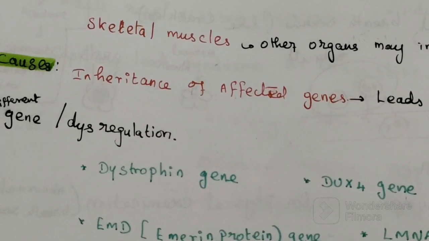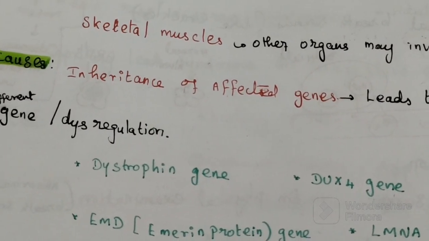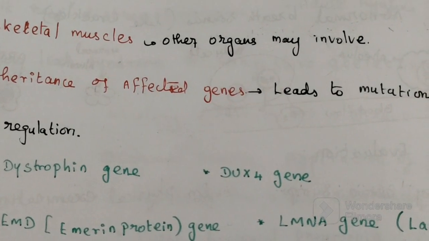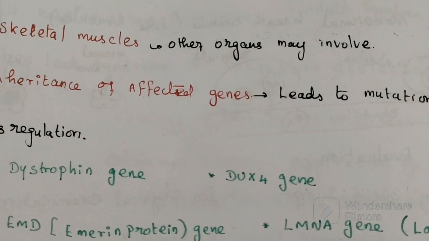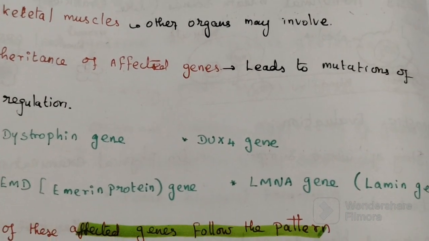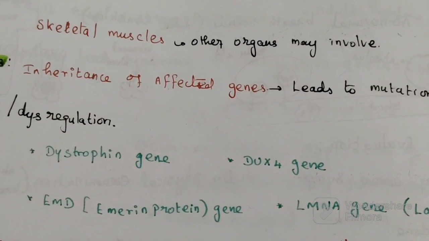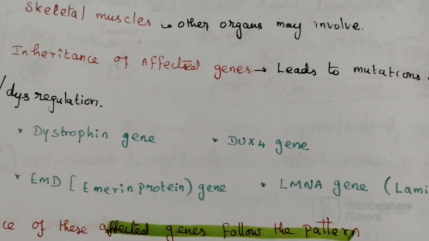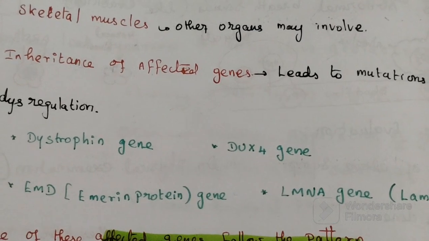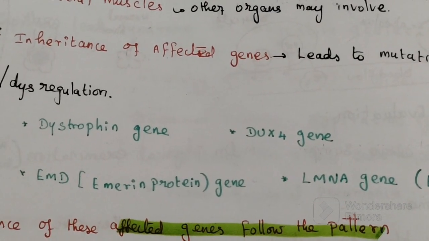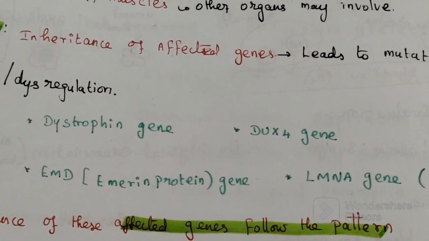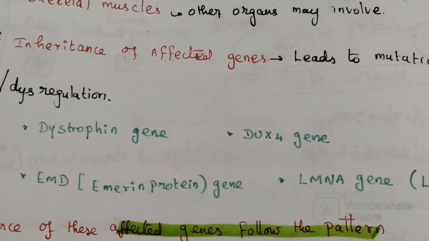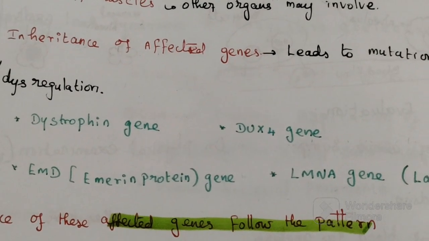It is because of inheritance of an affected gene that leads to mutation or dysregulation of genes like the dystrophin gene, DUX4 gene, EMD gene, and LMNA gene.